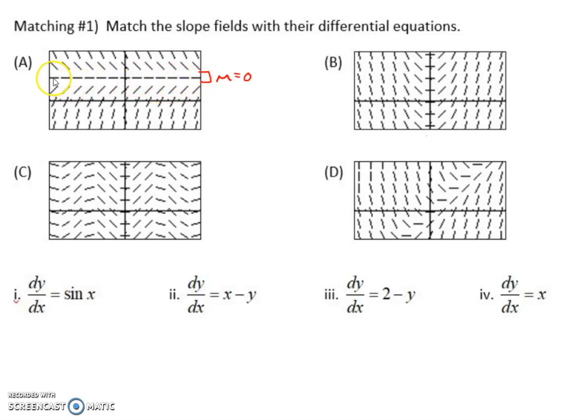What do you know is true about every point in that row? Does it have the same x or the same y? Well, it has the same y in different x's. What that means is that the differential equation that it came from must only have a y in it. Because if the x changes, but the slope doesn't change, then that meant that x had nothing to do with it.